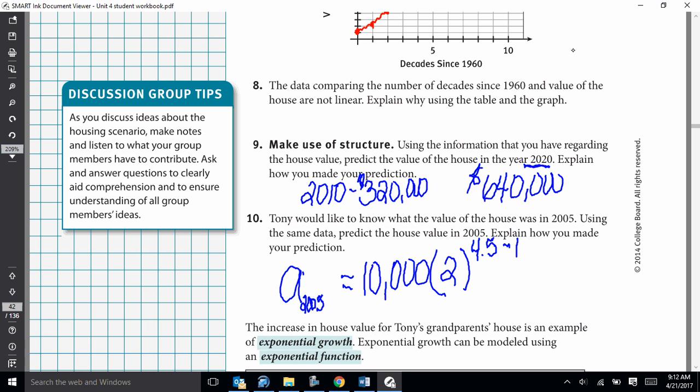Well, our answer, if in 2010 it was 320, it's going to be between 160 and 300.